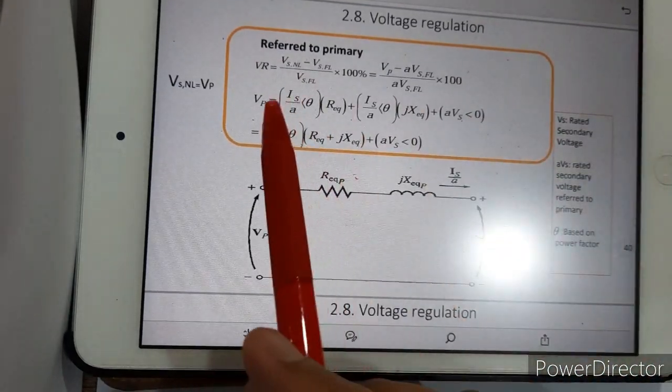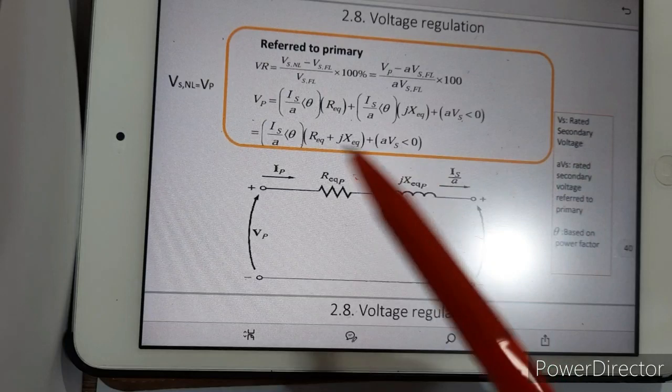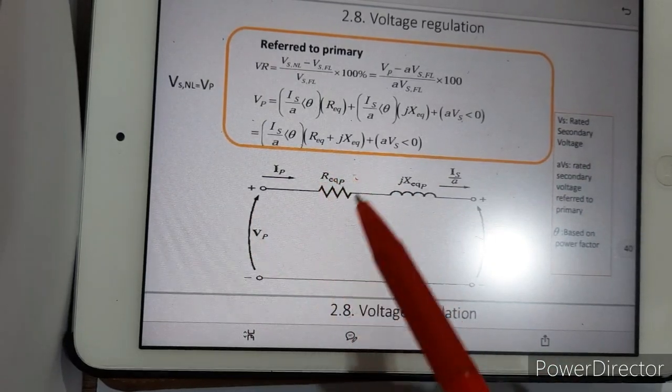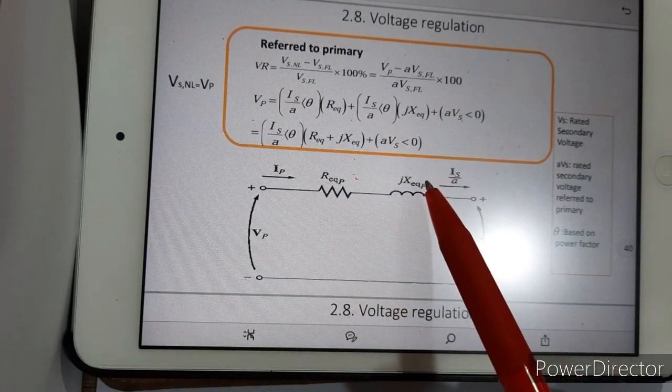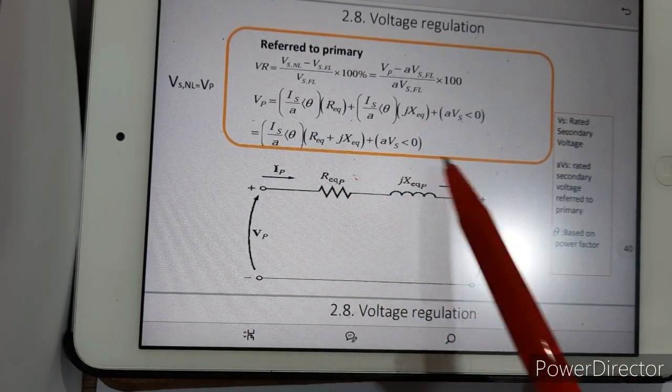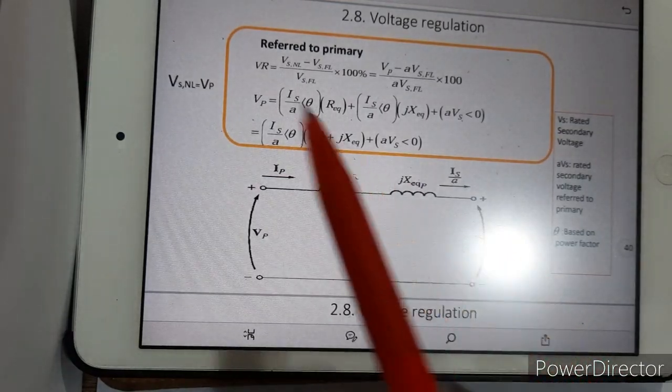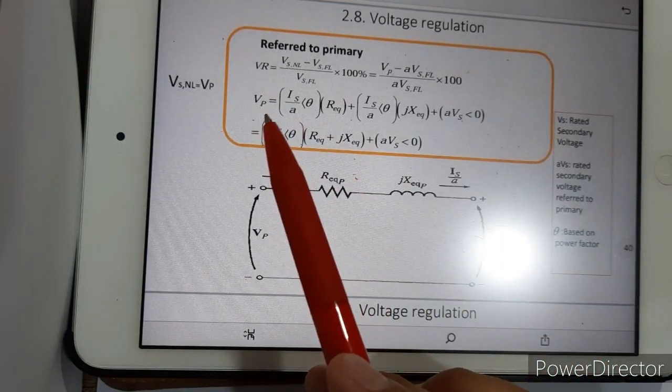Actually, this formula is KVL: voltage Vp plus the voltage drop across R equivalent p plus the voltage drop across jX equivalent p, and then plus aVs. Then we can get Vp.